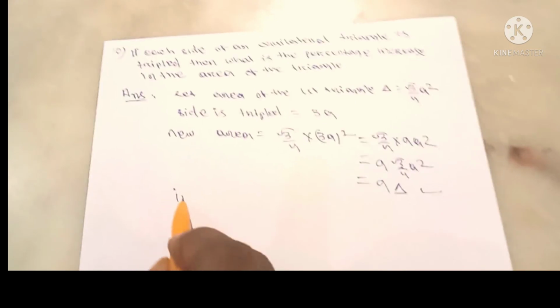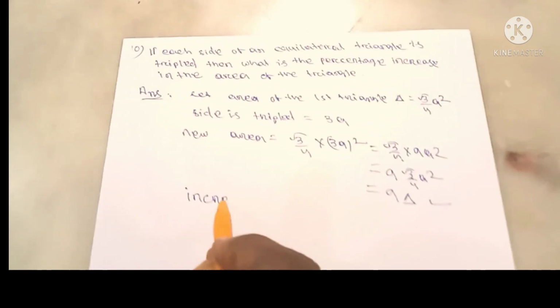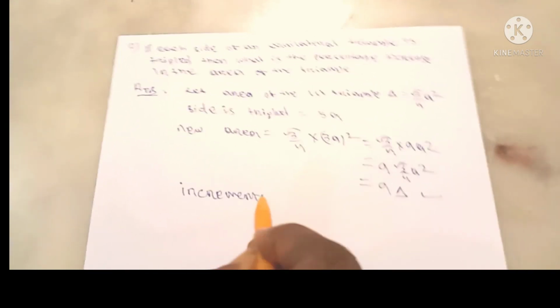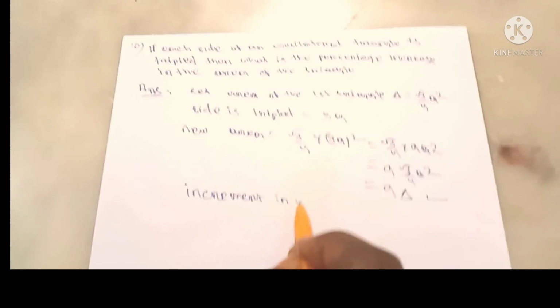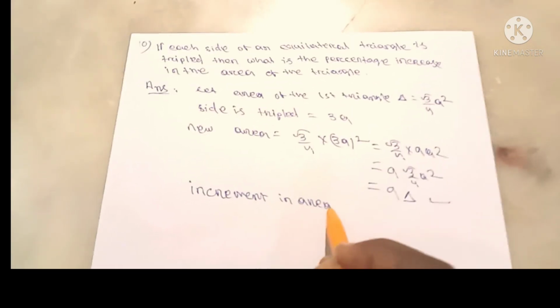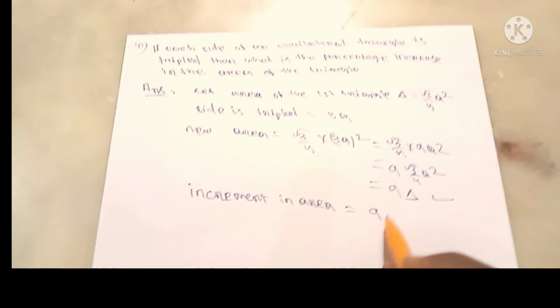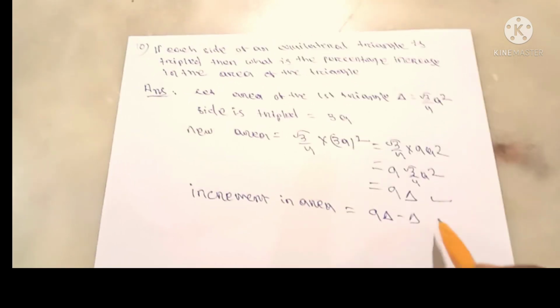So increment in area equal to 9 delta minus delta equal to 8 delta.